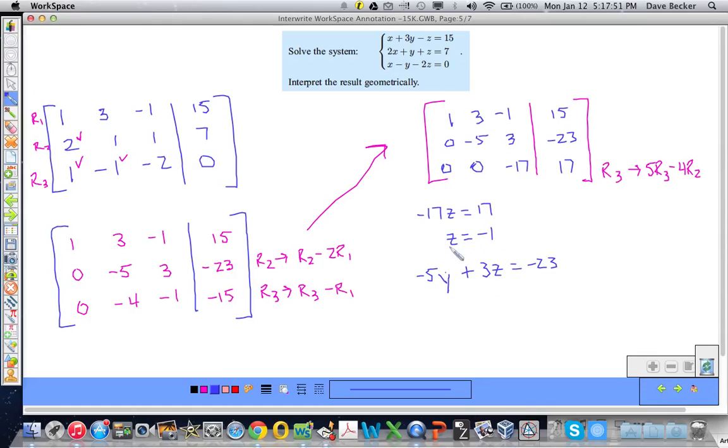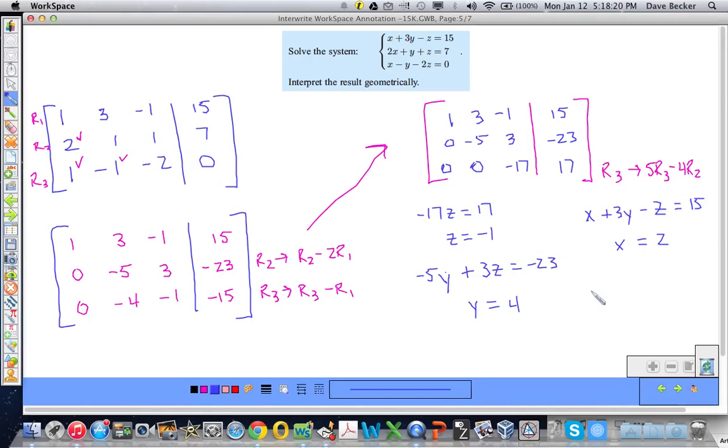Without going through all the arithmetic and substitution, replacing z with negative 1, I get y equal to 4. And then using row 1 with these values, I would have 1x plus 3y minus z equals 15. If I replace y and z with what I know, I end up with x equal to 2.